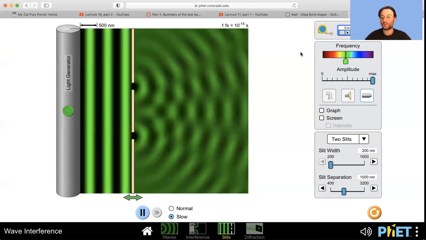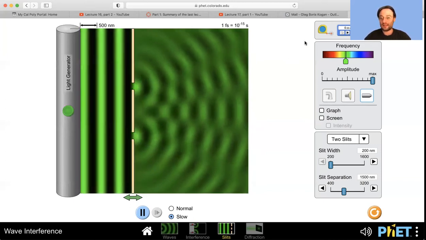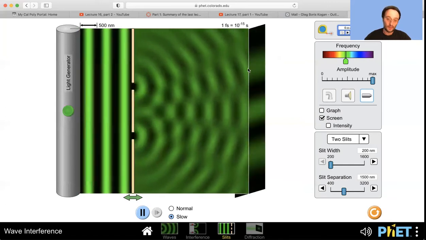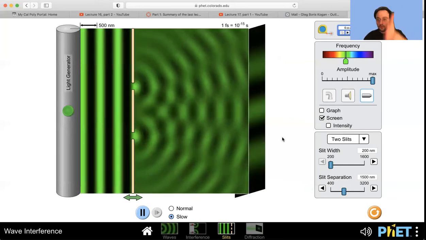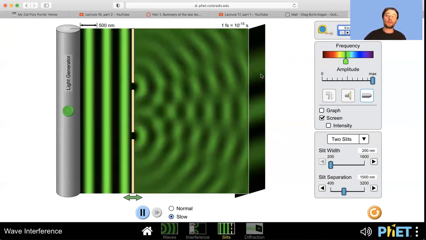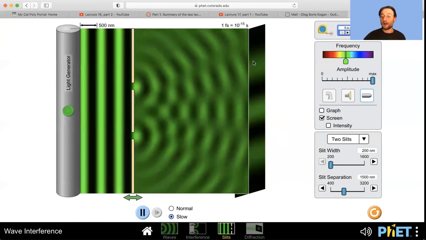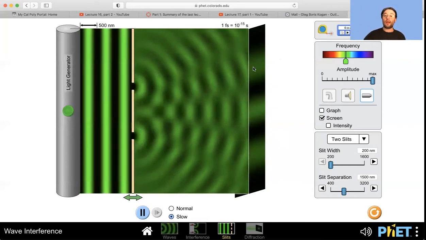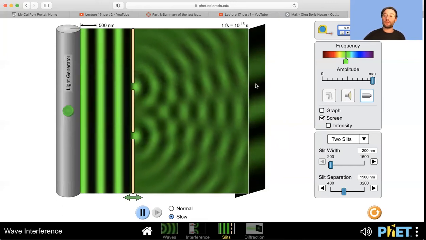You might get some unpleasant memories from your Phys 2. What happens if I place the screen? Well, those zones are also manifested on the screen. So zones where the amplitude is large are perceived as bright, and zones where the amplitude is small are perceived as dark.